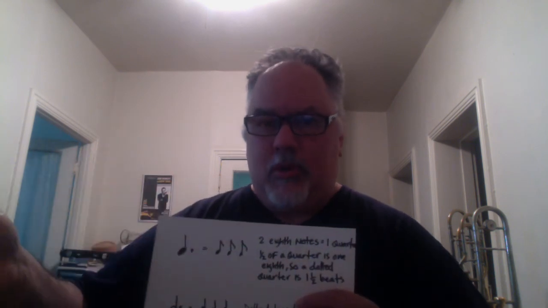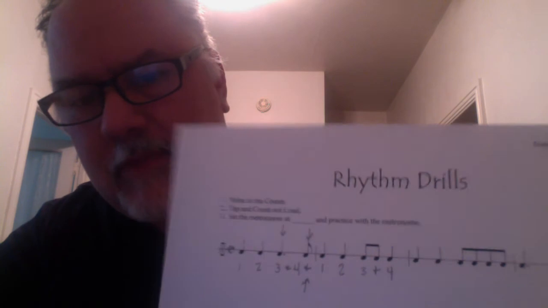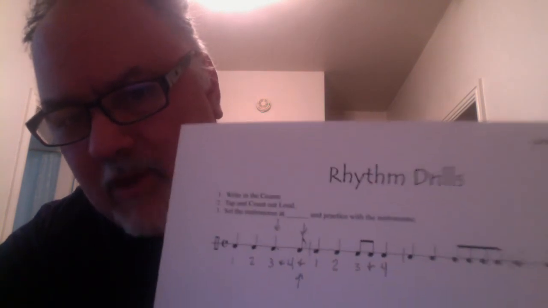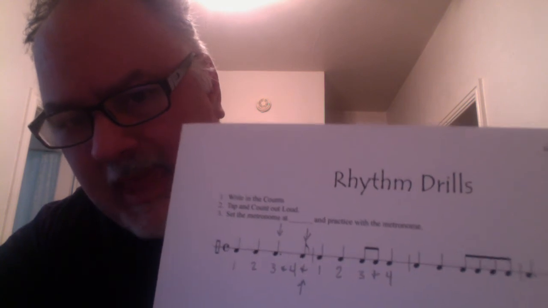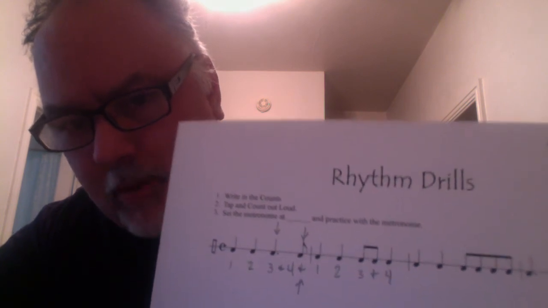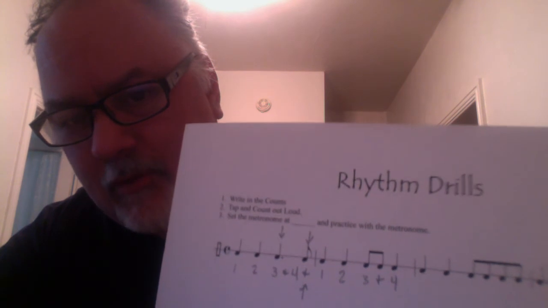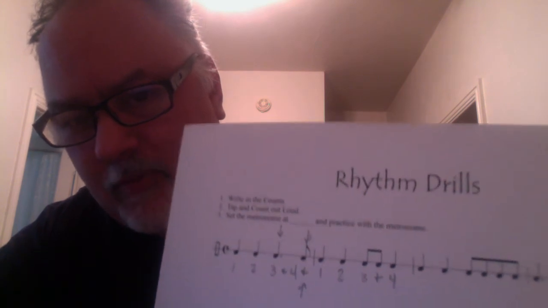If I was doing a dotted rhythm, for example on your sheet, if you look at the first measure, you can see that the dotted quarter note happens on beat 3 and the and happens on the and of 4. That's because the two eighth notes are taken up for 3 and.